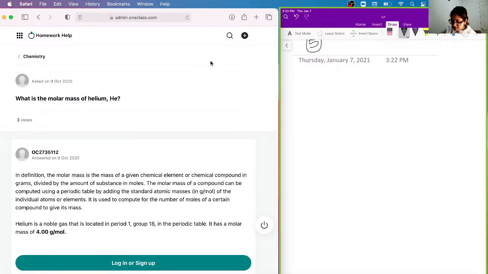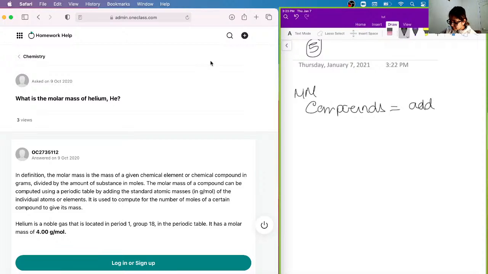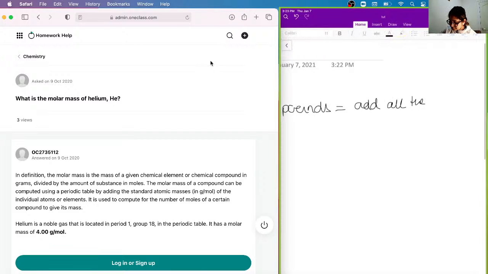For compounds, write this down: to find the molar mass of compounds, you would have to add all the individual elements' molar mass.